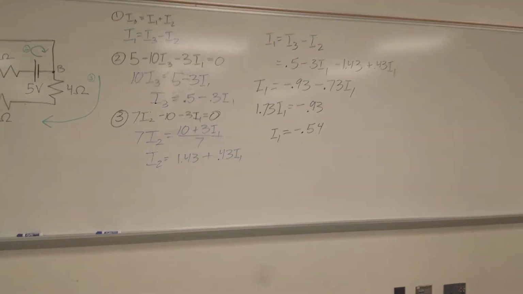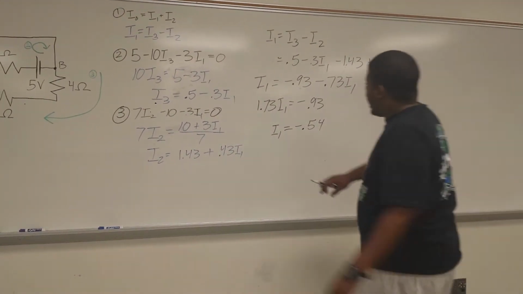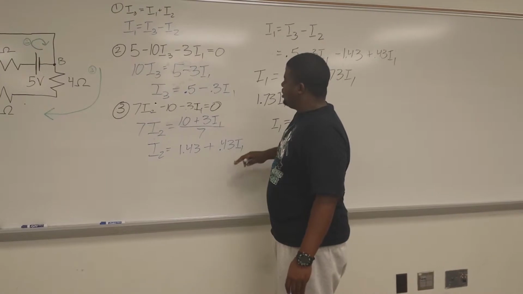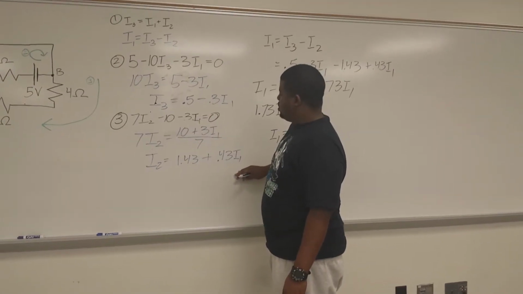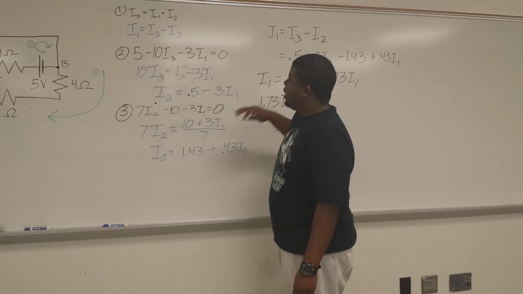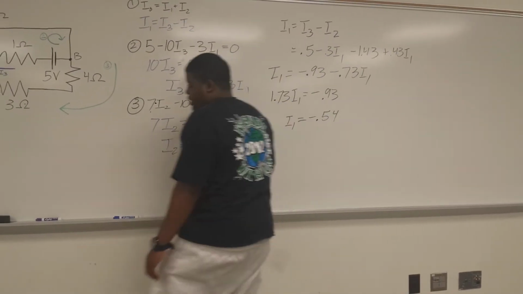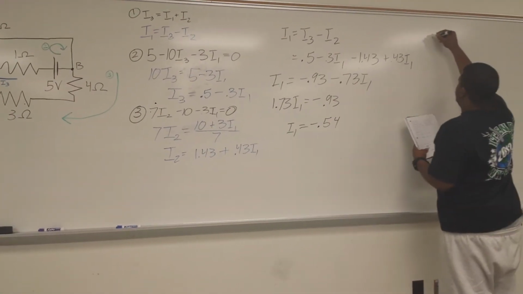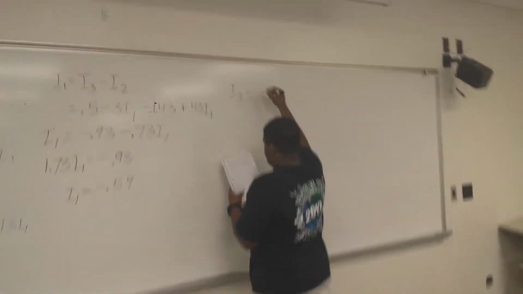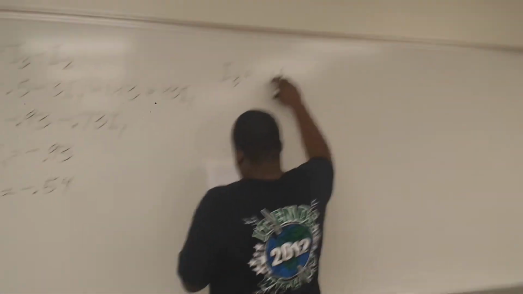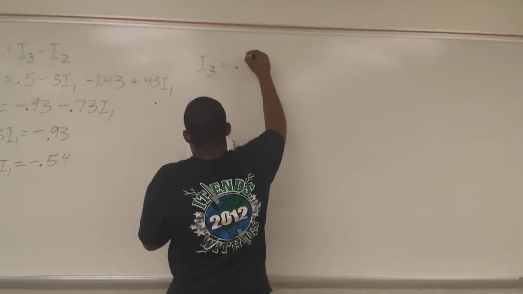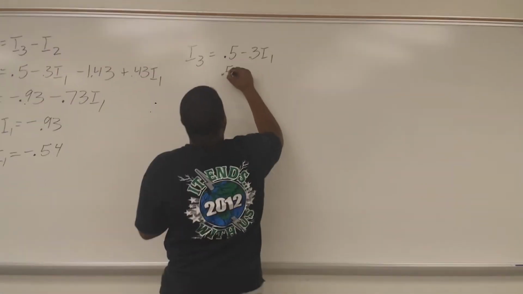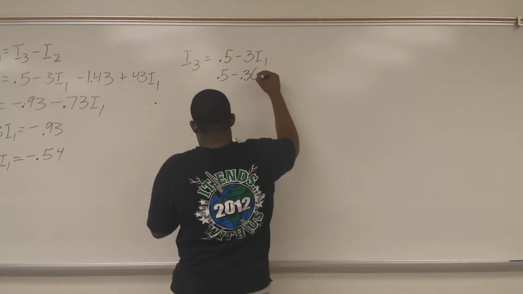Now that I have that, all I have to do is plug I1 into either the I2 equation or the I3 equation. The equation I'm actually going to use is I3. So I3 is equal to 0.5 minus 0.3 I1, where I1 is negative 0.54.